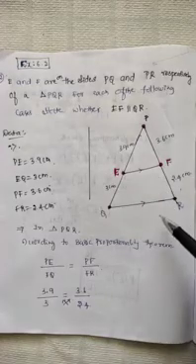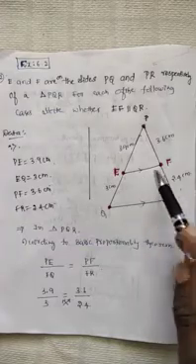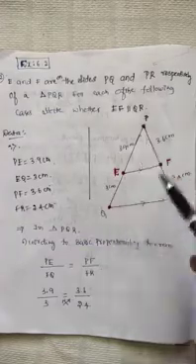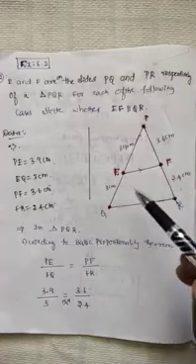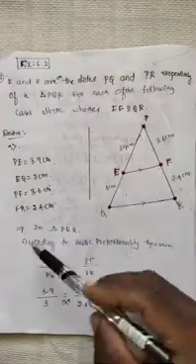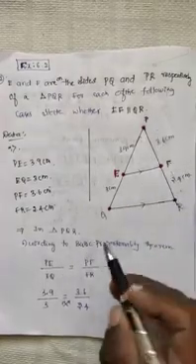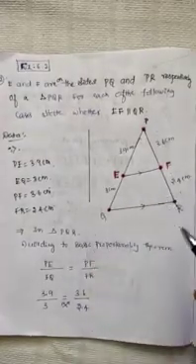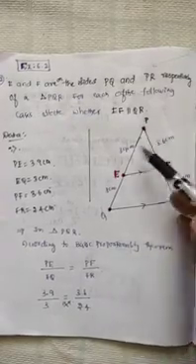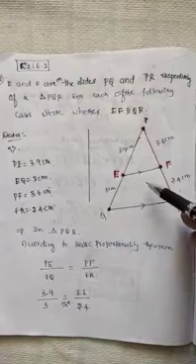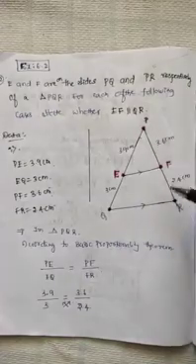If EF is parallel to QR, then EF divides the other two sides, PQ and PR, proportionally. So in triangle PQR, EF is parallel to QR. According to the basic proportionality theorem, PE by EQ is equal to PF by FR.